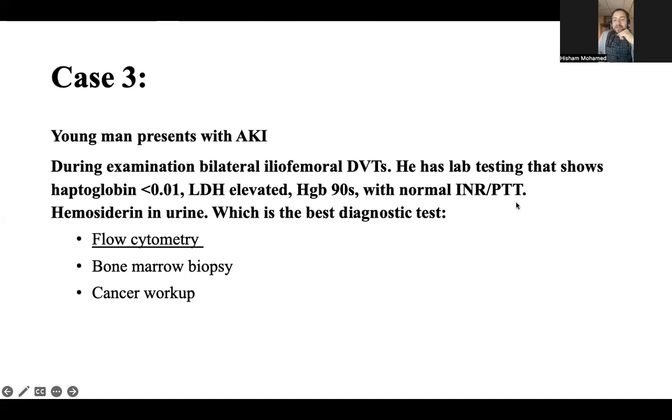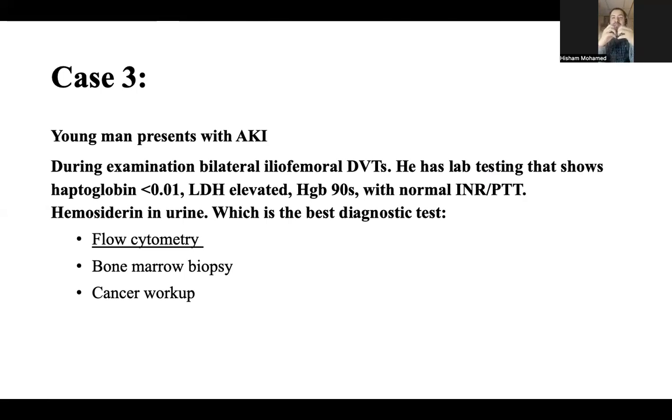But INR and PTT are normal, which means no evidence for liver disease or DIC. And we still have hemosiderin in urine, which means intravascular hemolysis. So we can go for a differential diagnosis.